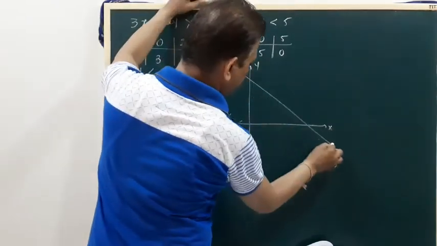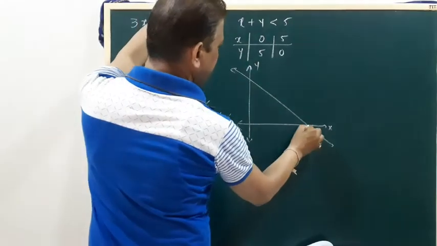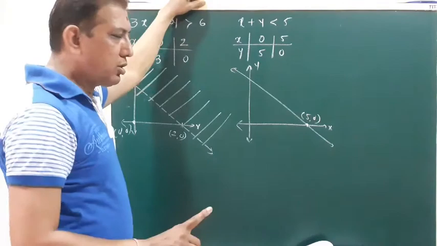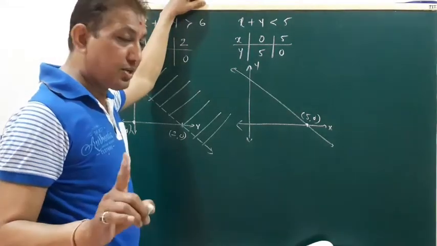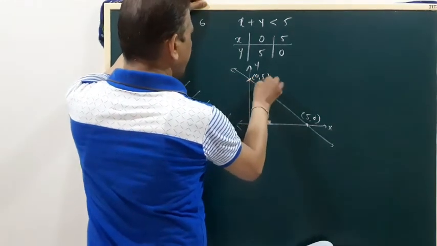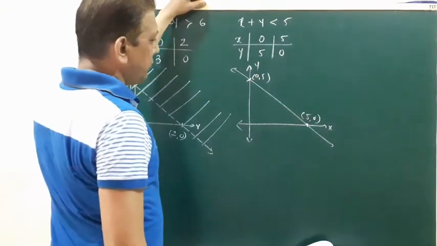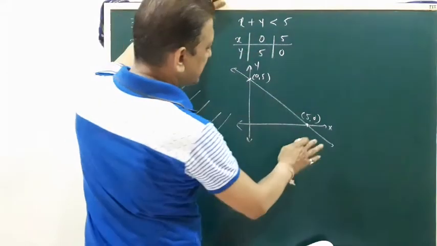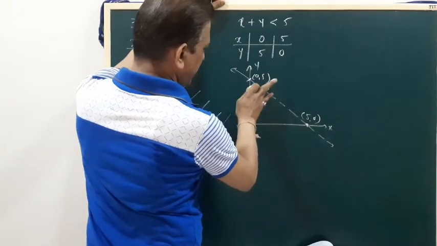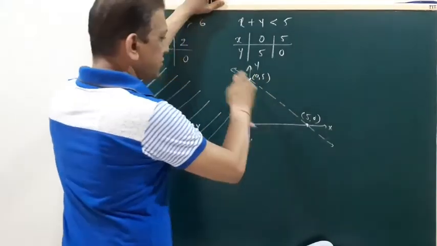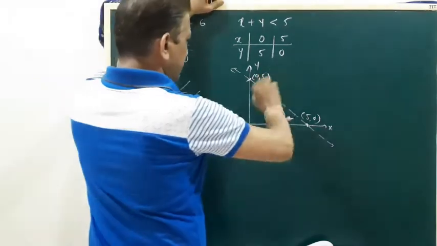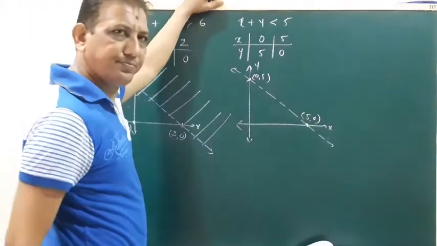You can first draw the graph and then write the points, because we do not use graph paper; all these graphs are drawn in your notebook. So here the point is 0, 5. Now which part of the graph? Here there is only the less than sign, so the line is dotted. First we draw the whole line, then you can use an eraser to erase some portion of the line.